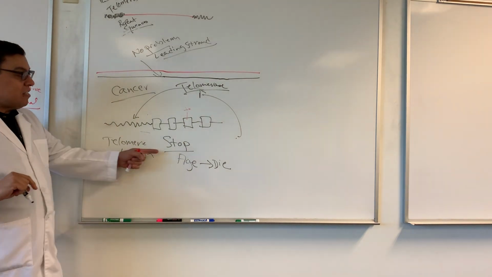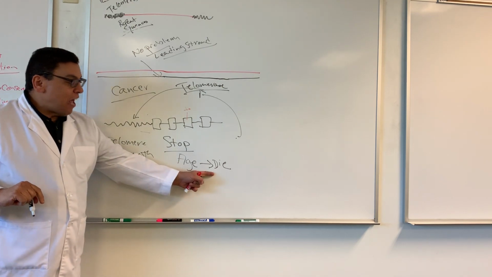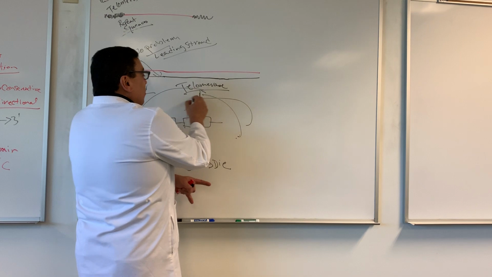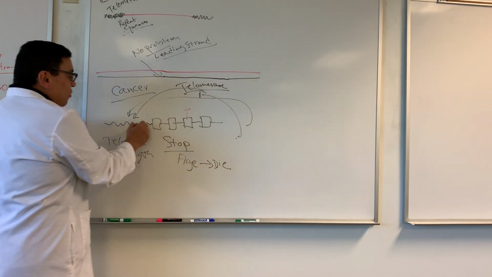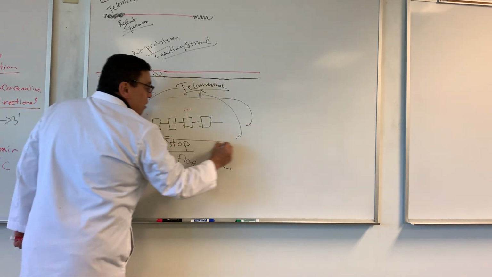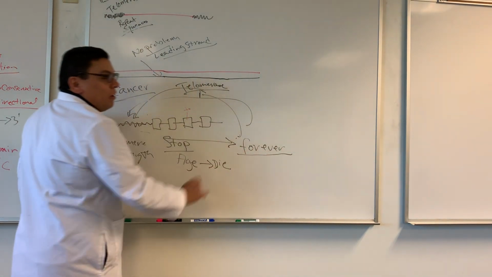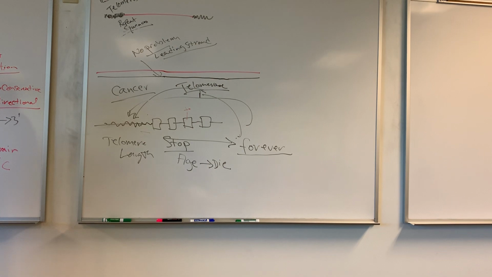Your cell is saying, stop multiplying, you're a bad guy, you're gonna have to die. Your cancer cell, no, I'm gonna reactivate your telomerase to rebuild your telomeres so I can multiply forever because I'm a cancer cell. You can't kill me. It's amazing.